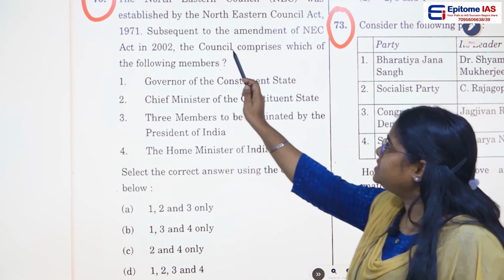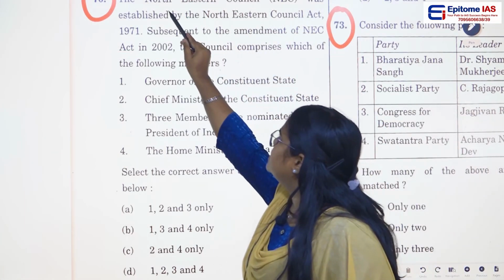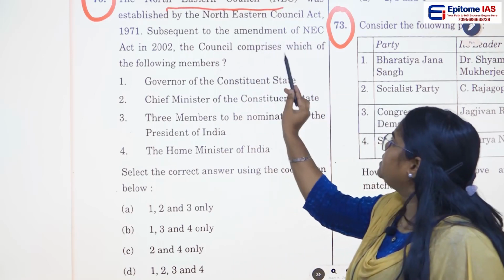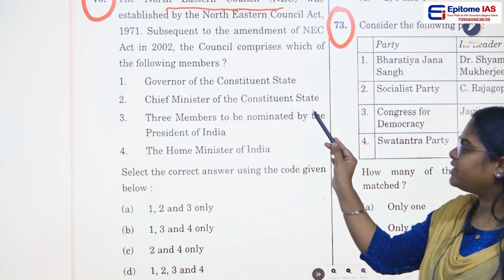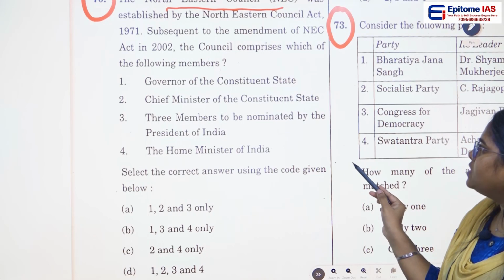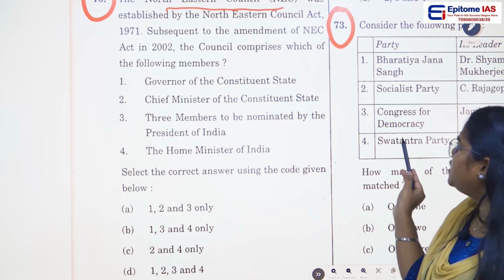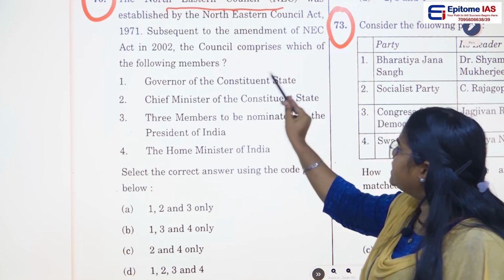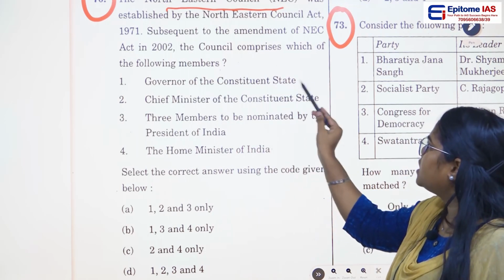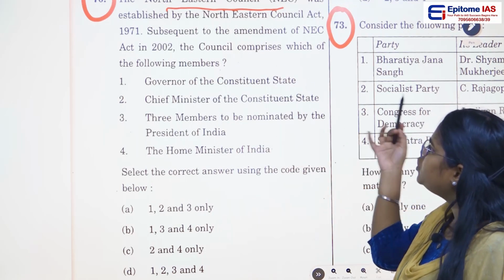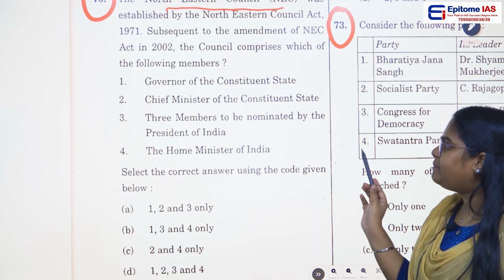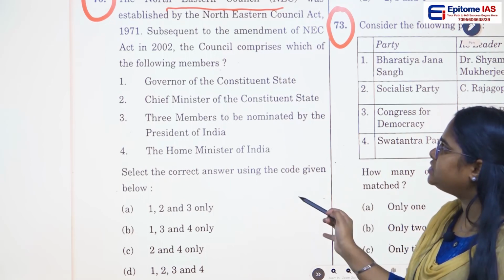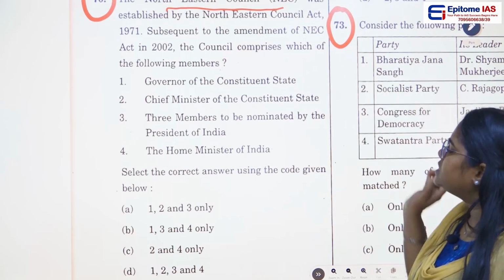So the next question is, the North Eastern Council, established by the North Eastern Council Act of 1971. Subsequent to the amendment of the North Eastern Council Act in 2002, the council comprises which of the following members? They're simply asking what is the composition of the North Eastern Council.